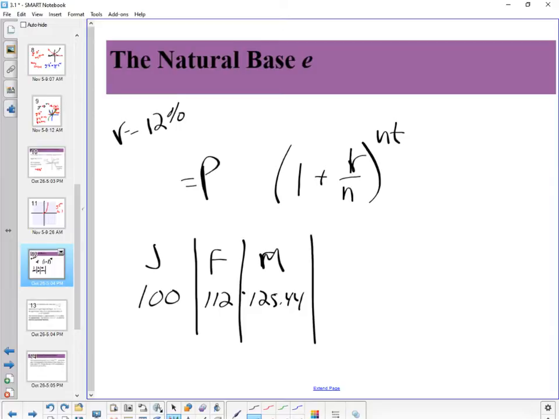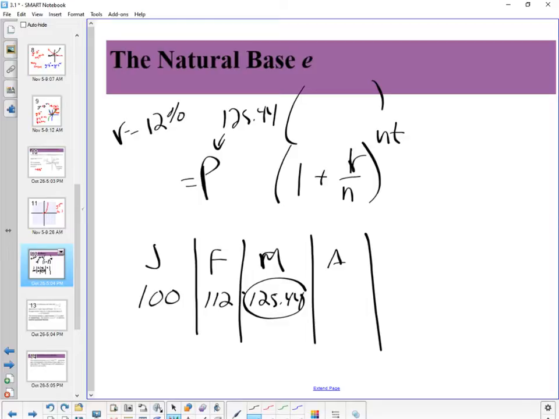What happens when I get to April? I'm going to multiply 125.44 by how much? Wouldn't it be easier, instead of sitting there adding all that stuff, to multiply by all of it, the 100% and the 12%?